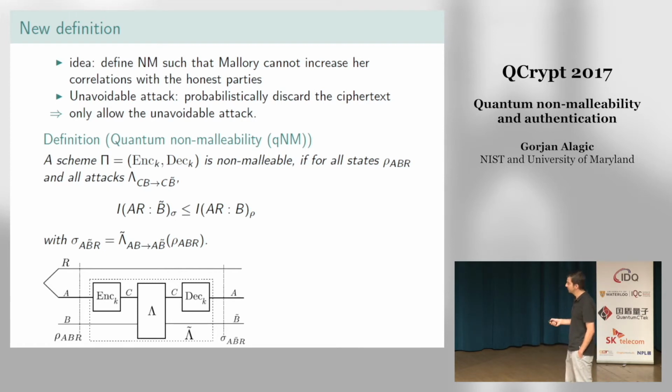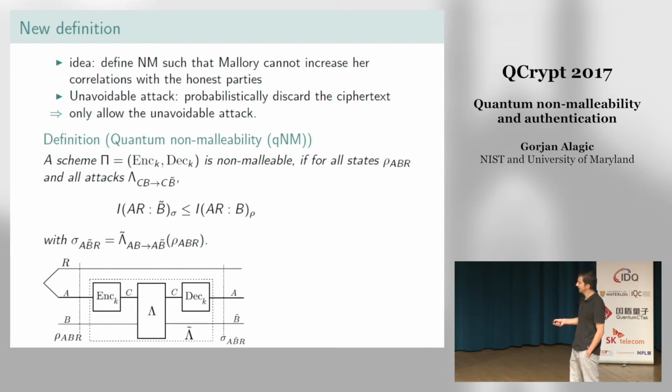We still have the same picture as in the previous slide. And so we say that a scheme, which is just a pair of algorithms like this, is non-malleable if, for all initial states A, B, R. Okay? You can think here that Mallory even gets to choose the initial state. She hands the A register to Alice as well as the reference, and she gets to choose what register B to keep.